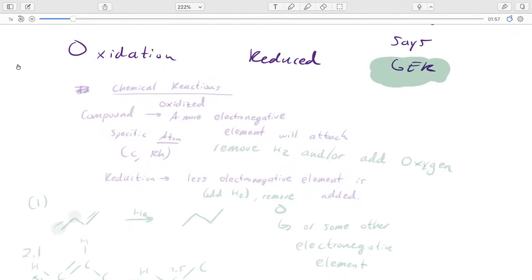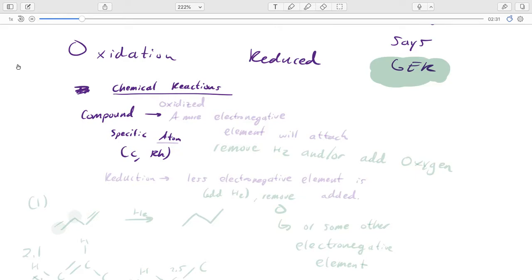So, in terms of organic chemistry reactions, not applying it to metals, when we're looking at some random compound, we're usually analyzing a specific atom within that molecule, usually carbon or some metal like rhodium, Rh.